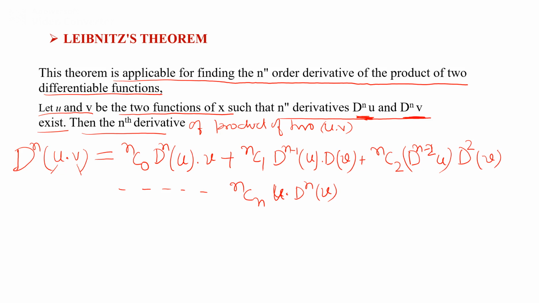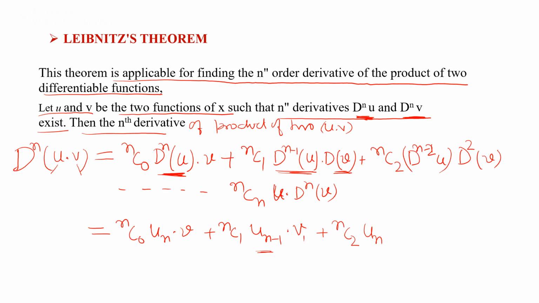Or to simplify, we can write: nC0 means combination, C represents the combination, and this d^n of u means the nth derivative of u, so we can write u suffix n into v, plus nC1 the (n minus 1) time derivative of u, which we write as u suffix n minus 1, into the 1 time derivative of v, so we write v1, plus nC2 u suffix n minus 2 and the 2 time derivative of v, so we write v2.